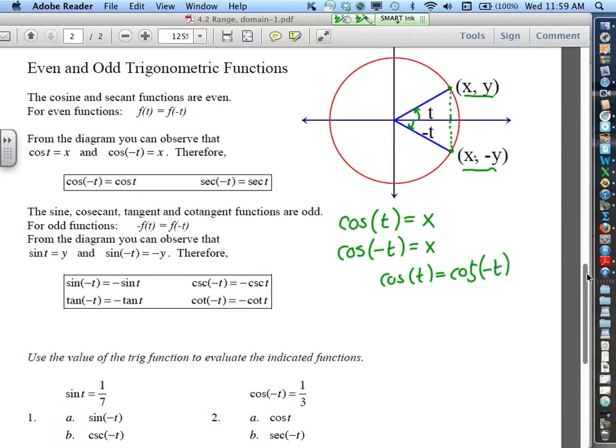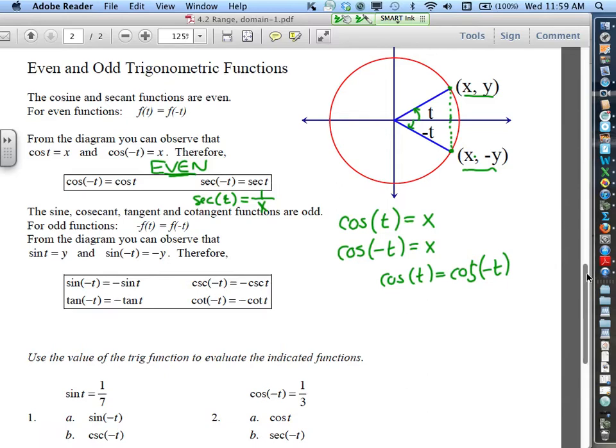Since the secant is just the reciprocal for cosine, it's going to be 1 over my x-coordinate. So the secant for angle t is 1 over x, and the secant of negative t is still 1 over x. It still gives me the same value whether the angle is positive or negative. So cosine and secant are both even functions.